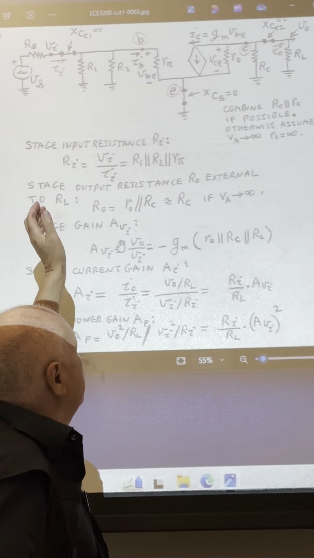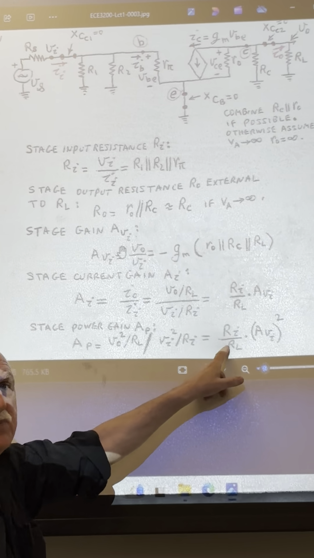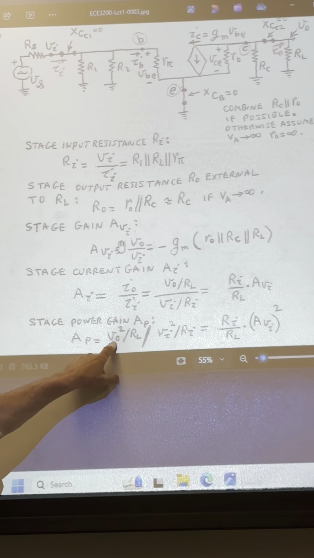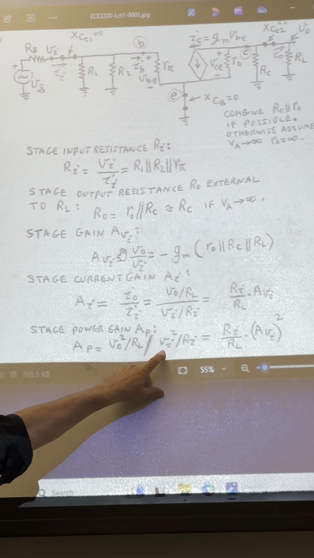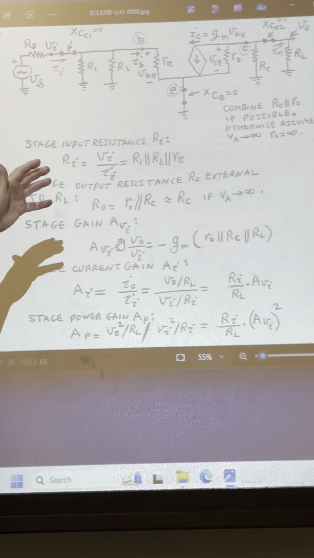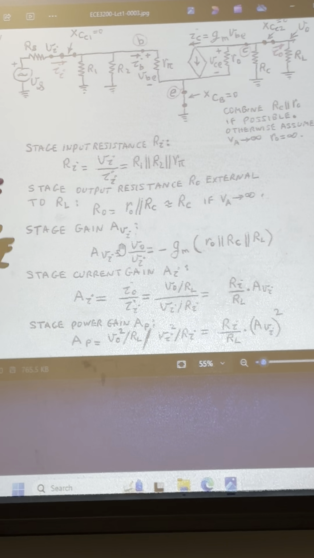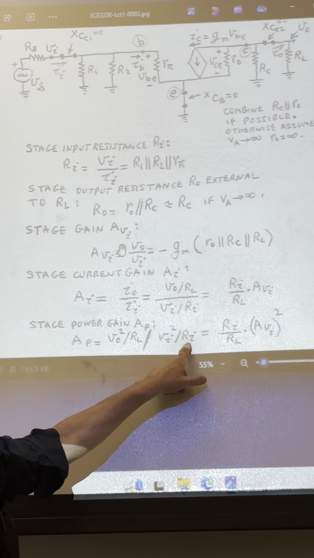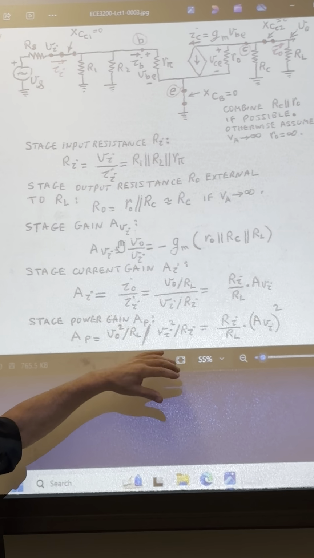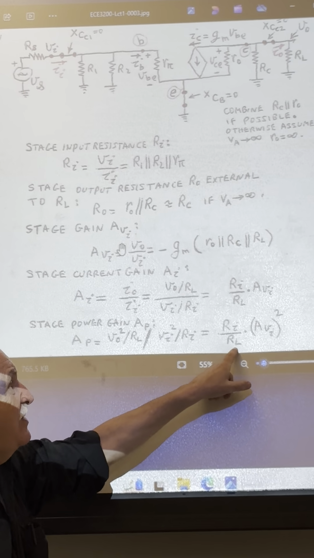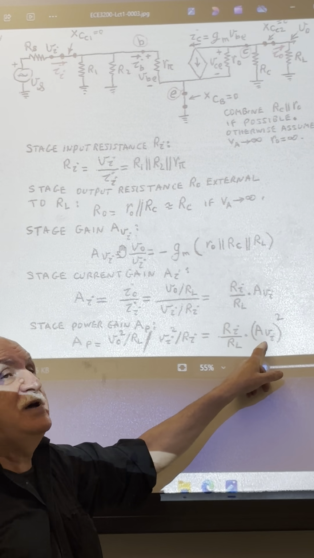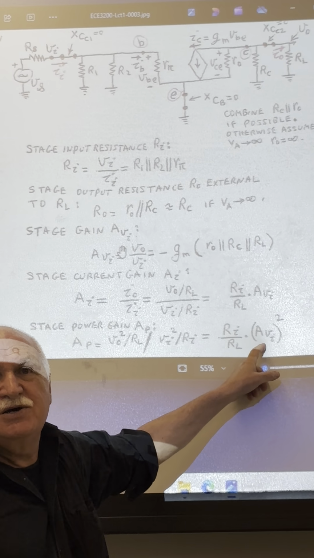Power gain comes after these two. So power gain is the power that goes to the load, RL, which is load voltage squared over RL, divided by the power that goes into the entire stage, at the plane where that red arrow is, which is VI squared over RI. If you divide it, this can be translated into the ratio of input impedance divided by load impedance multiplied by the voltage gain squared.